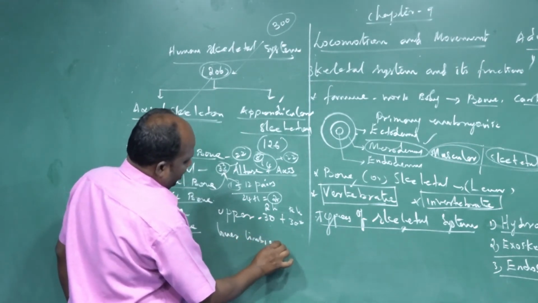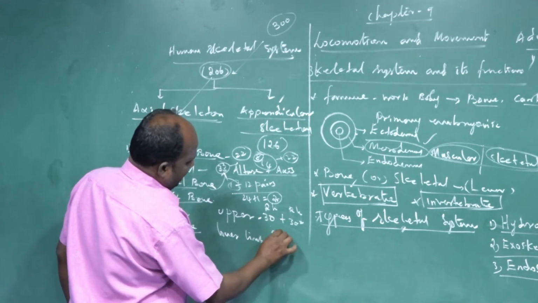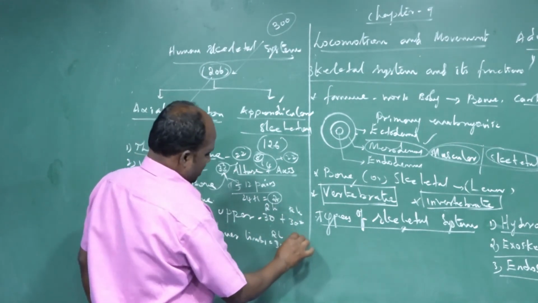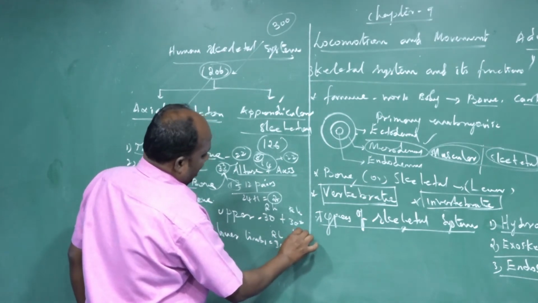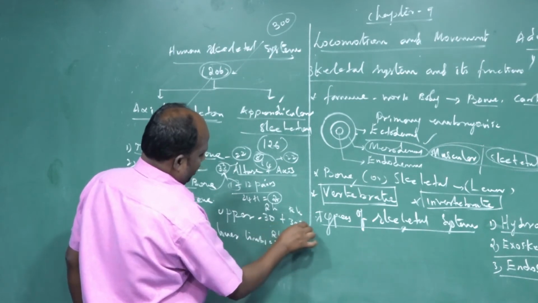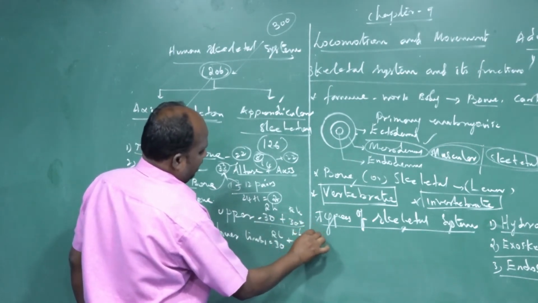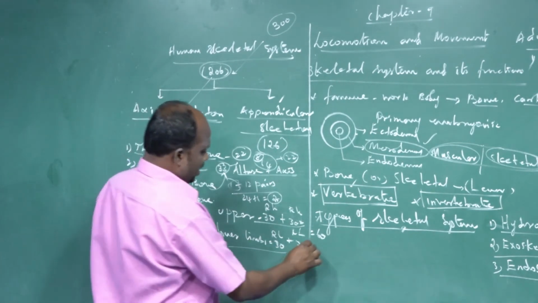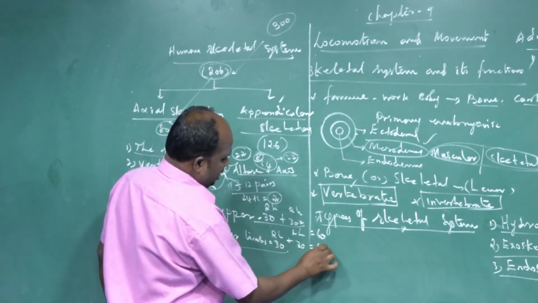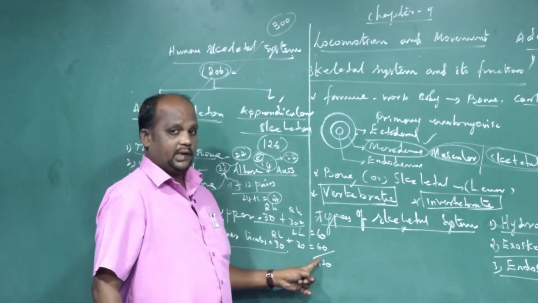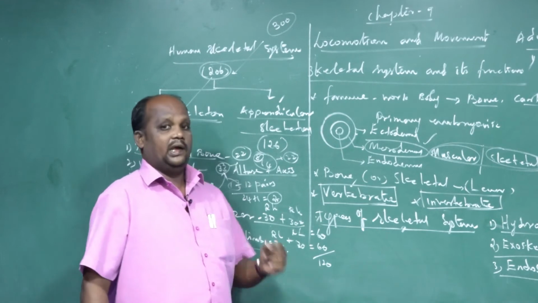The right leg has 30 bones, plus the left leg also has 30 bones. So from the upper limbs, 30 plus 30 equals 60. From the lower limbs, the legs, 30 plus 30 equals 60. 60 plus 60 equals 120 bones.